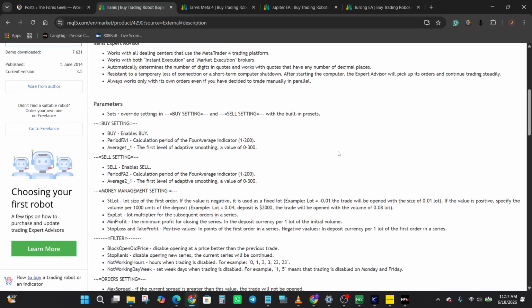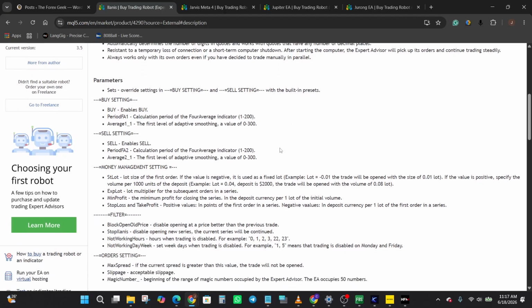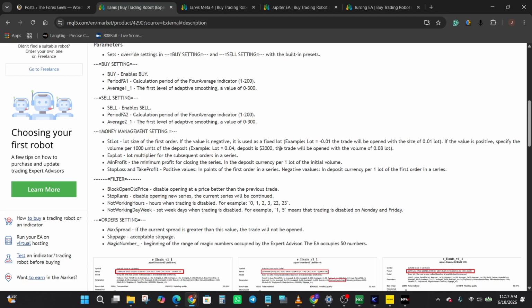Looking at the parameters section, there are separate buy and sell settings, including FourAverage calculation periods and adaptive smoothing values. There is also a comprehensive money management section where traders can configure starting lot size, lot multiplication for subsequent orders, minimum profit targets, stop loss, and take profit behavior, and various risk-related controls.